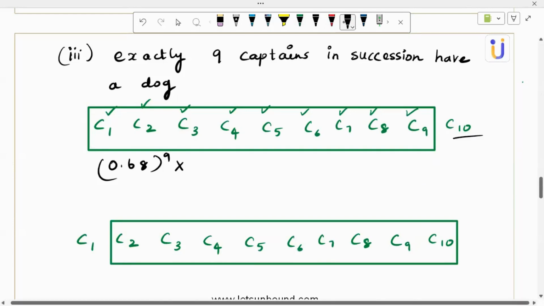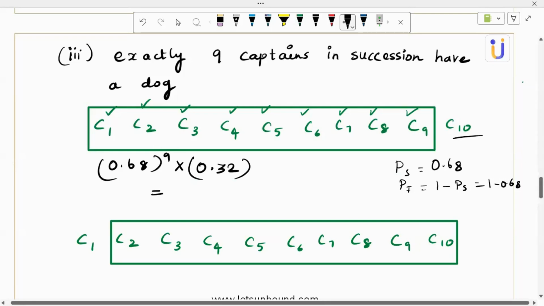It should fail, right? Because we need exactly 9, and it is 0.32. How did I get this? Very simple. Probability of success is 0.68, means probability of failure is 1 minus that value. 1 minus 0.68, which is 0.32.